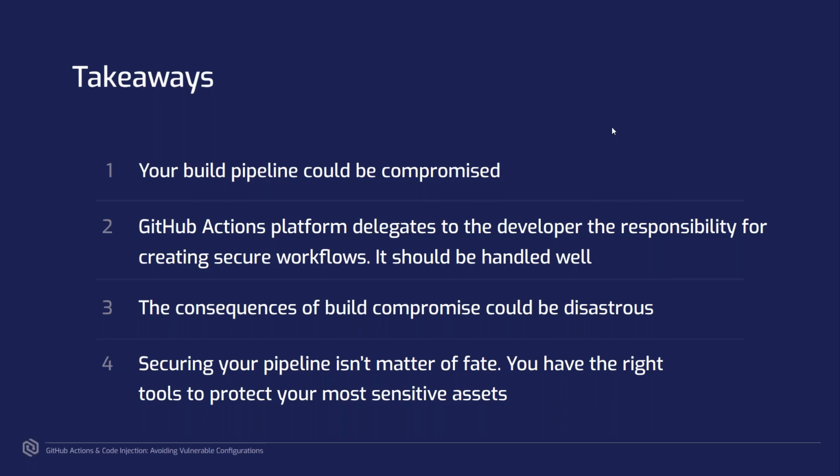But we know developers make mistakes, so this should be handled carefully. The third one is that we could see that the consequences of build compromise are quite disastrous and could expose sensitive secrets or cause a potential supply chain attack by committing to the repository.